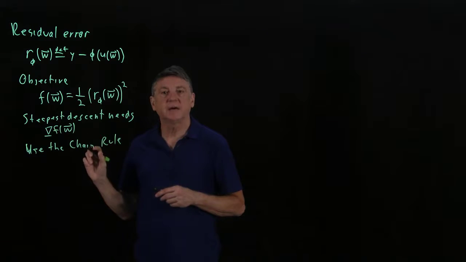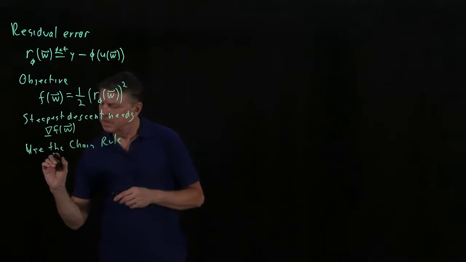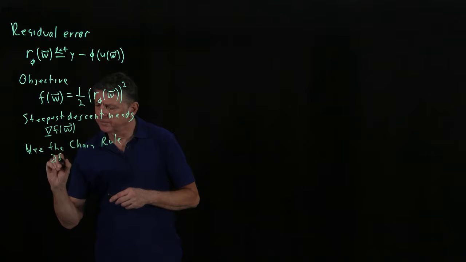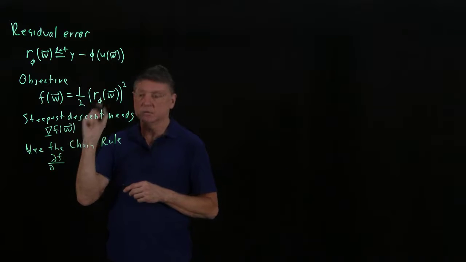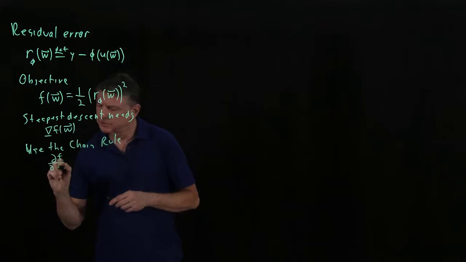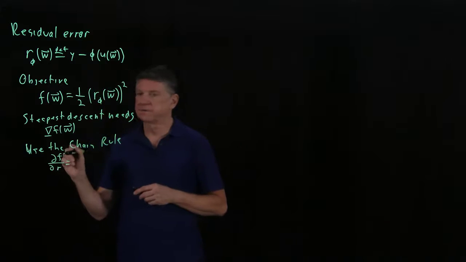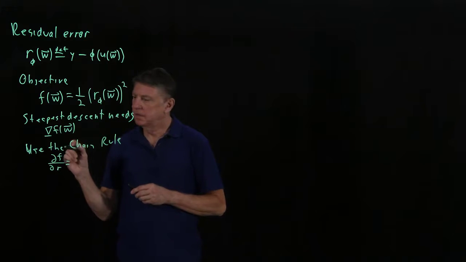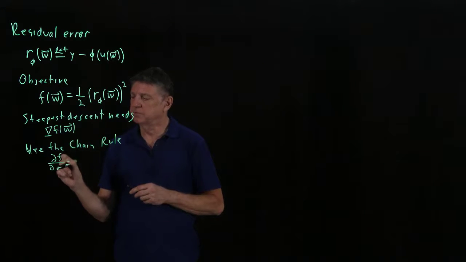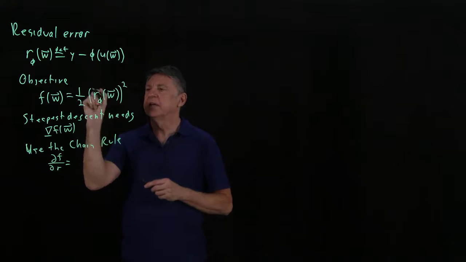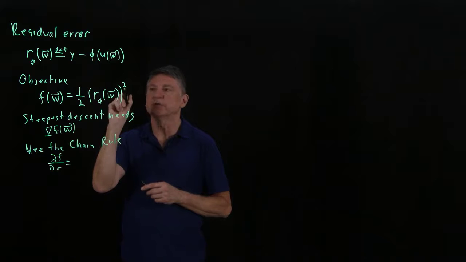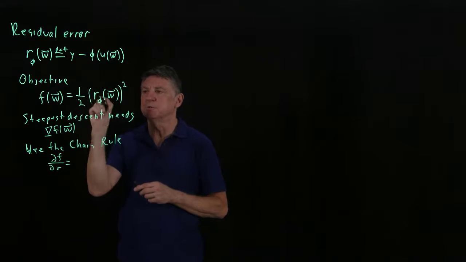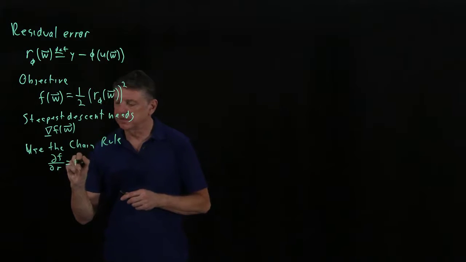Let's start writing down the terms that we need. We need the partial derivative of the objective with respect to the residual, since it takes in a residual. We have 1/2 of r squared, so its derivative is 2/2 times r, so that is simply r.